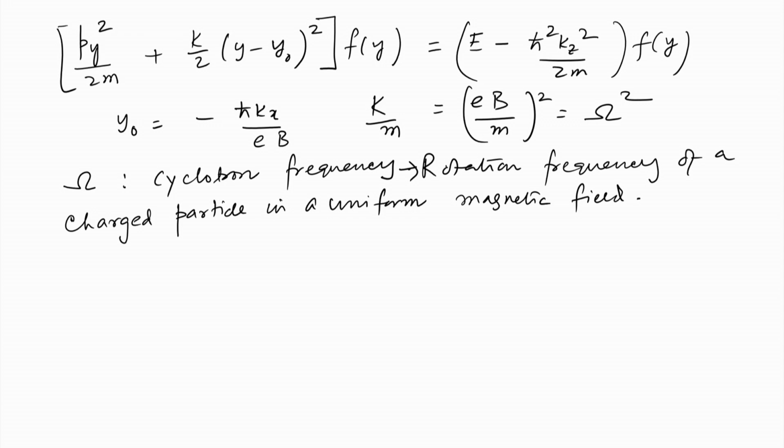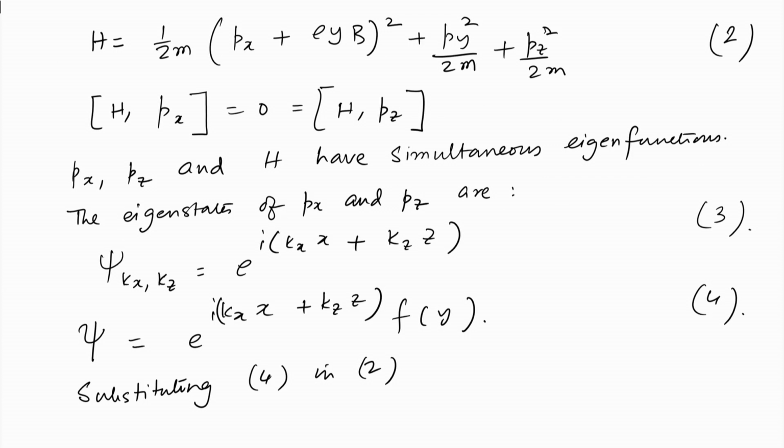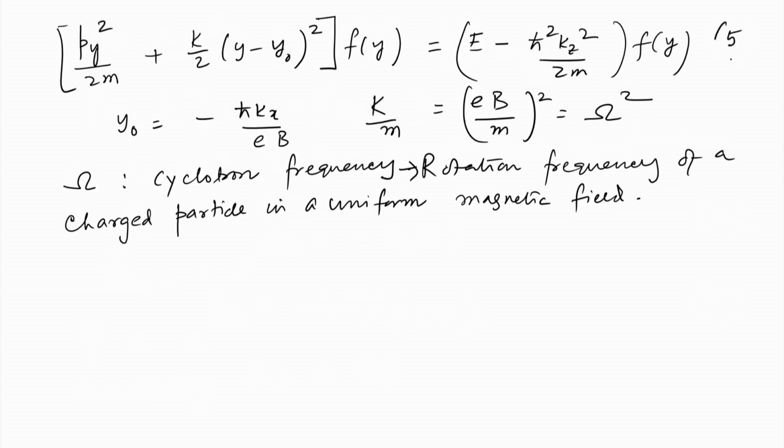Okay, so now look carefully at this equation 5. What does it correspond to? It corresponds to a particle that is undergoing a simple harmonic oscillation in the y direction, not about the origin, that is y equal to 0, but centered around y equal to y 0.